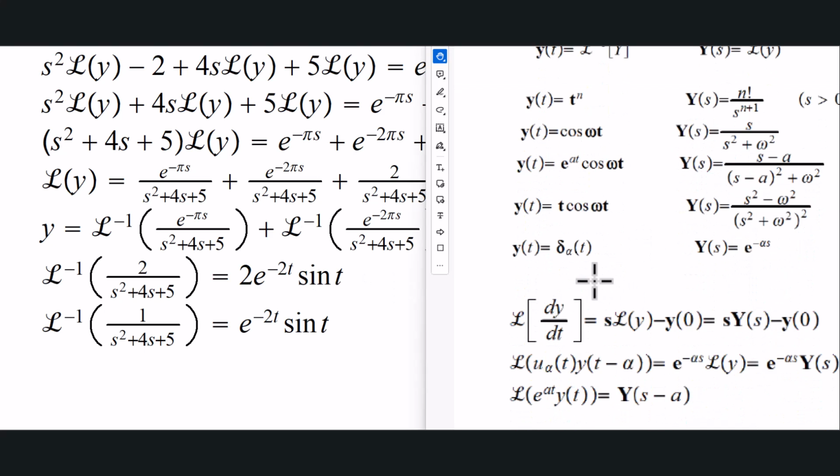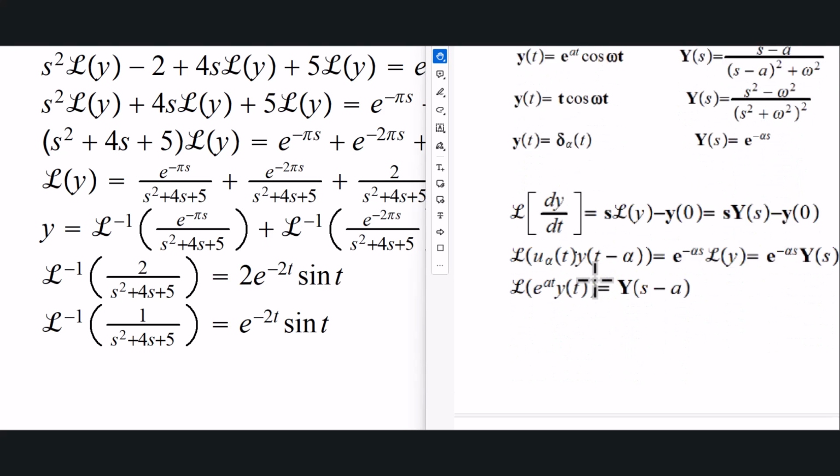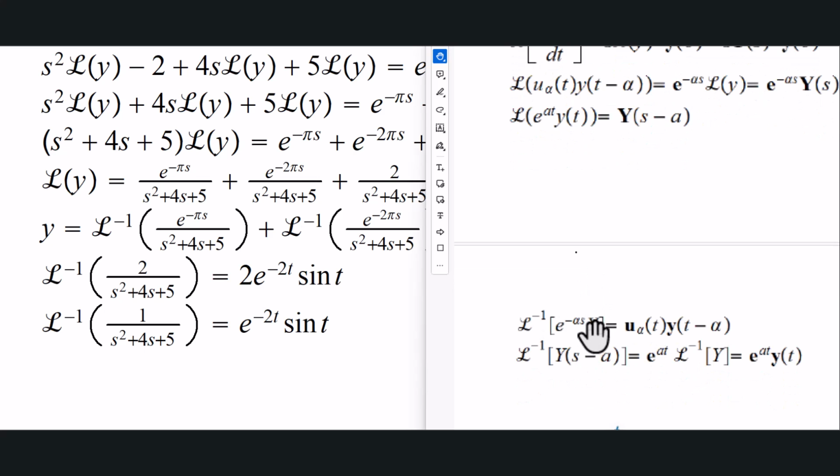If we go further down, all the way toward the end of this chapter, you may see this resembles this in the following sense.